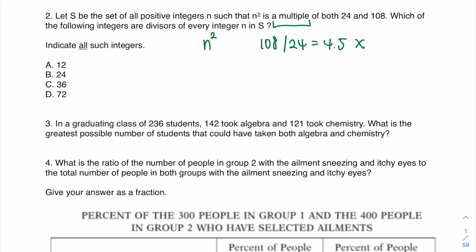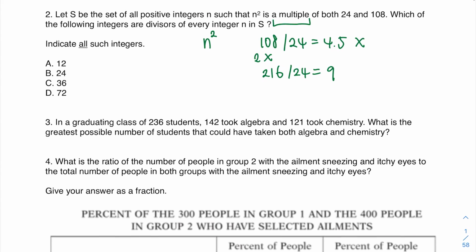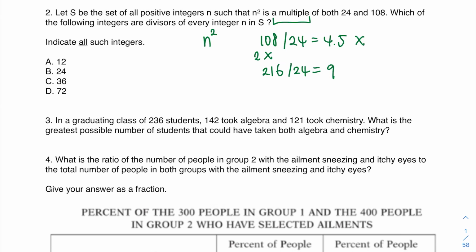Then, because 24 is much less than 108, we multiply 108 and check whether the result is a multiple of 24. If we multiply by 2, it becomes 216, and then you divide it by 24. This number is 9. Great. That is an integer.